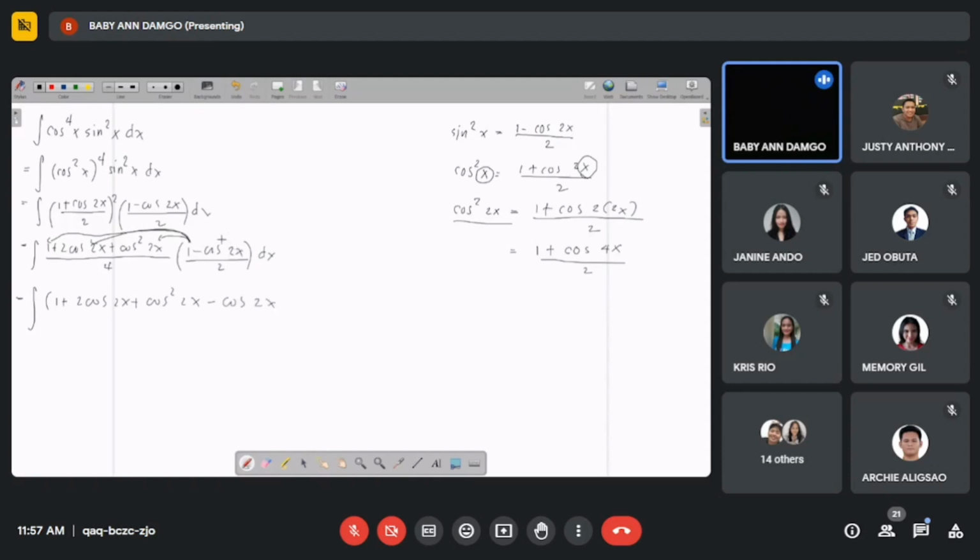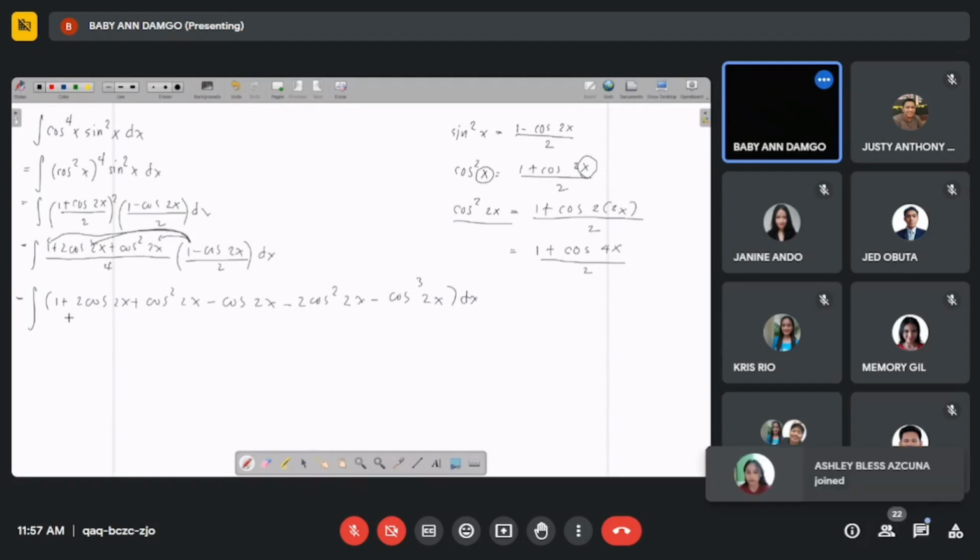Minus cosine 2x times 2, so we have minus 2 cosine squared 2x. And here, we have minus cosine cube 2x. Okay? dx all over it.